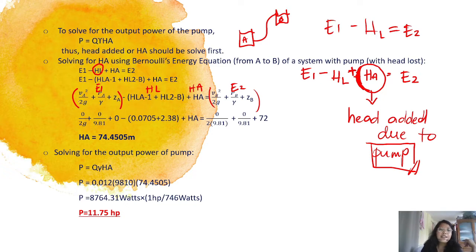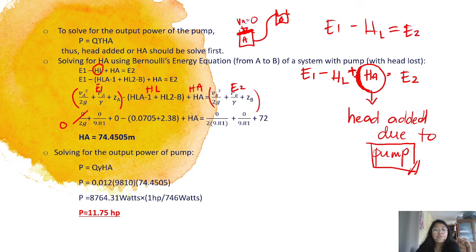Therefore, can I say that the energy 1 is equal to V squared over 2G? Since sabi na nga dun sa unang slide, the velocity is assumed to be 0 since napakaliit lang naman, kumbaga parang stagnant yung tubig dun. So, medyo no need to worry about the movement, the velocity at that point since reservoir nga siya. So when we are dealing with reservoir, the velocity at the uppermost layer of the liquid is assumed to be 0.